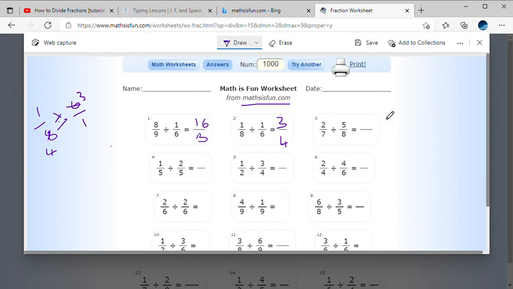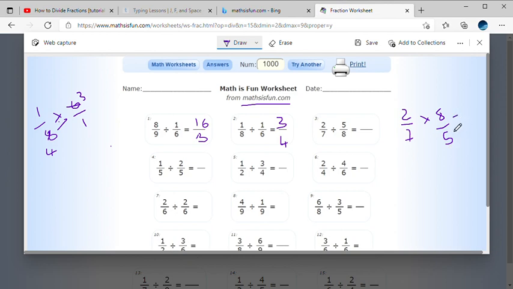For number 3, we have 2 over 7 being divided by 5 over 8. We change the sign to a multiplication and then reciprocate.